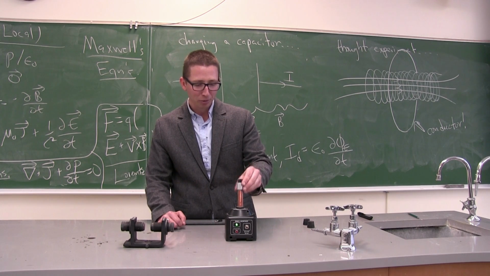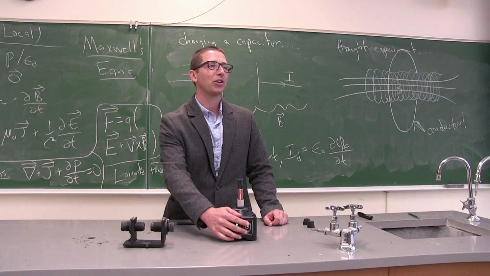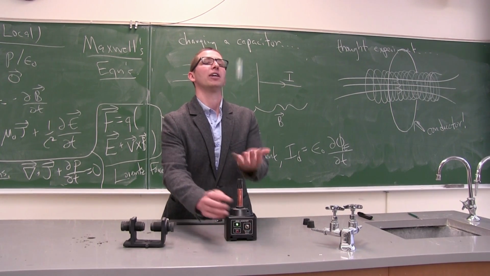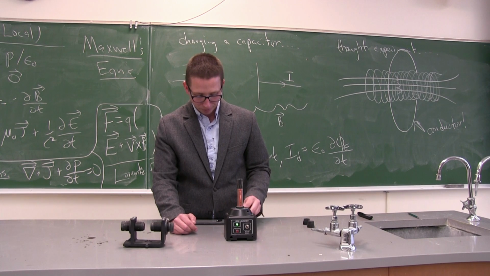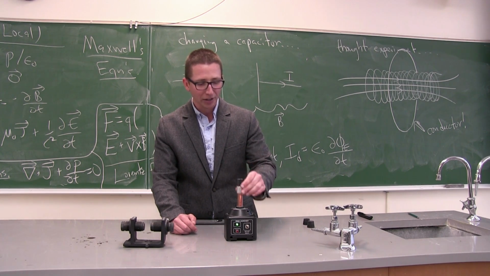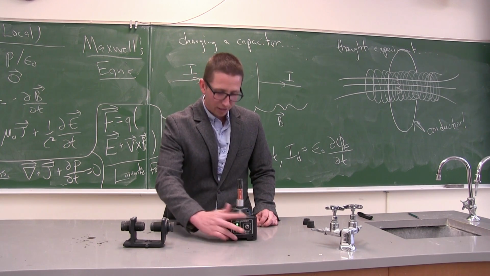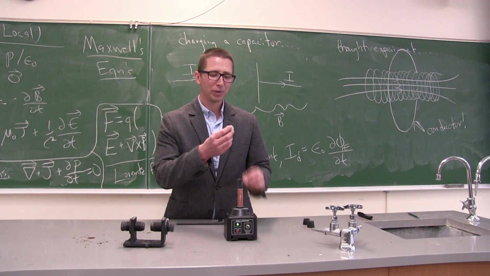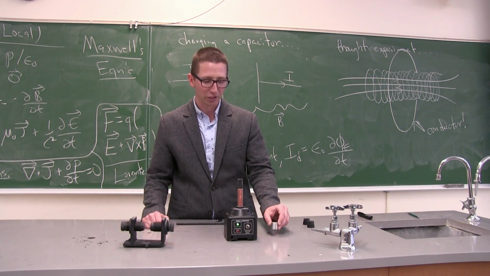So if I put a ring on here, nothing happens. But if I turn on the magnetic field, it hops up. Okay, now let me try it again. Interesting, this one doesn't work. This one has a slot on the side, so it doesn't actually want to jump up.